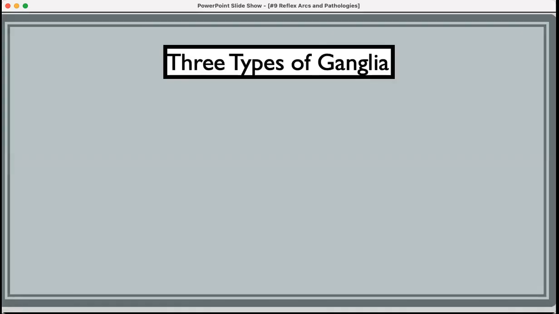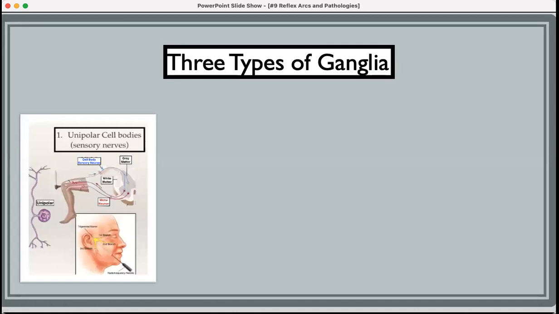So basically there's 3 types of ganglia. The first type is the unipolar cell bodies. They're within sensory nerves, an accumulation of those unipolar cell bodies.